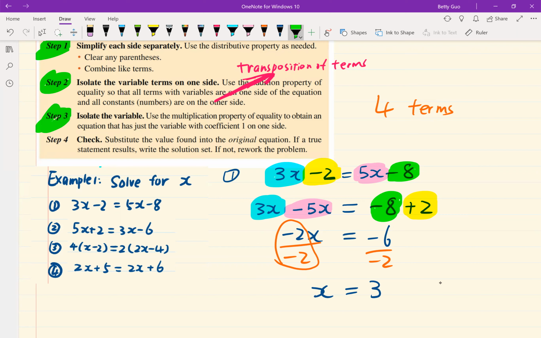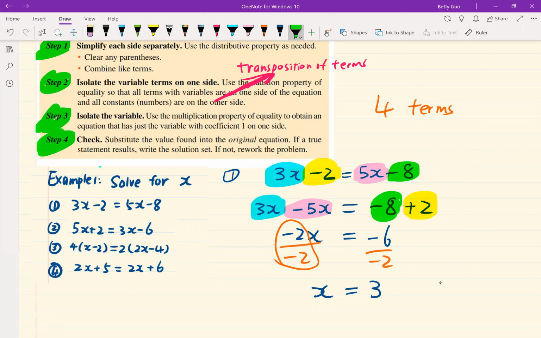Step 4 is not mandatory, or logically is not necessary, if you could guarantee all the steps of your solution are correct. But we have step 4 in the guideline just to help you make sure your proposed solution is the correct solution.